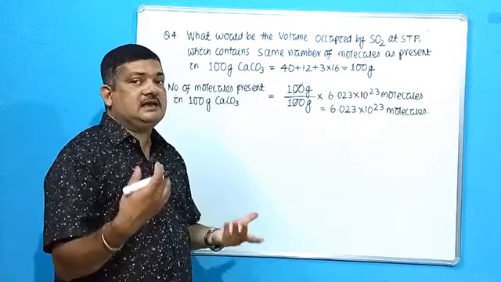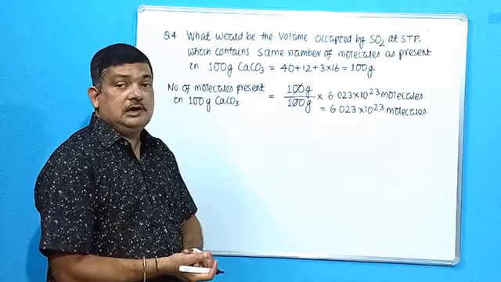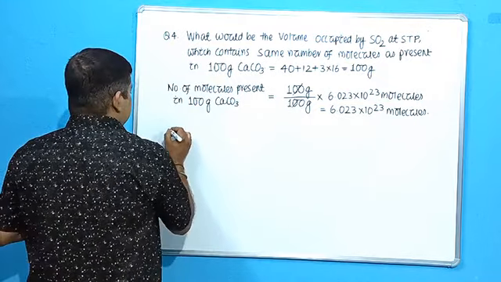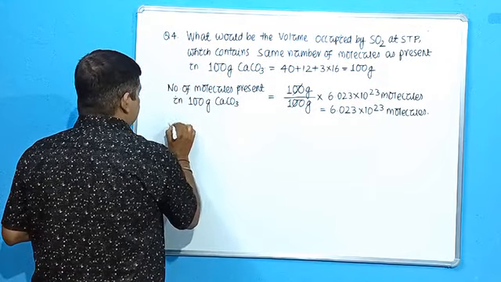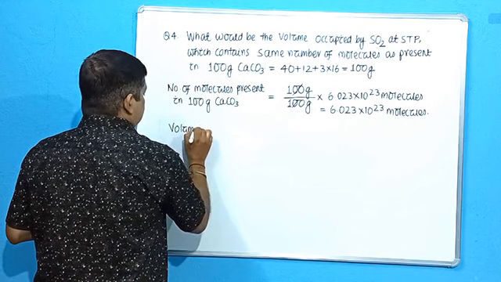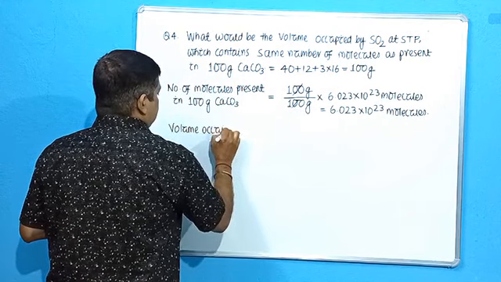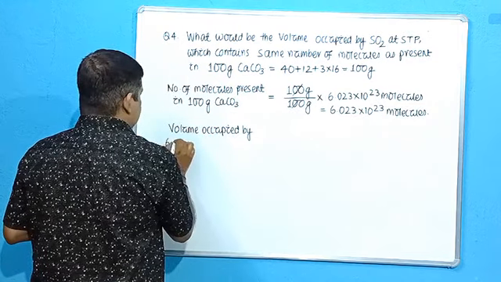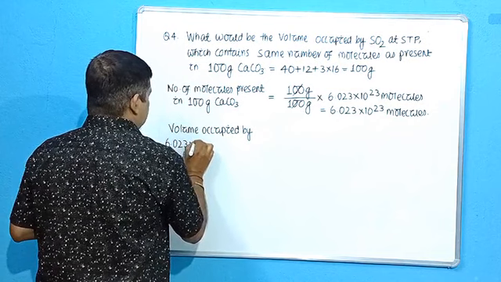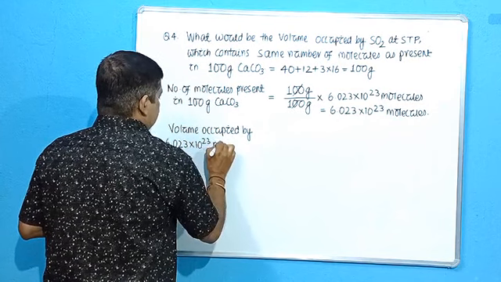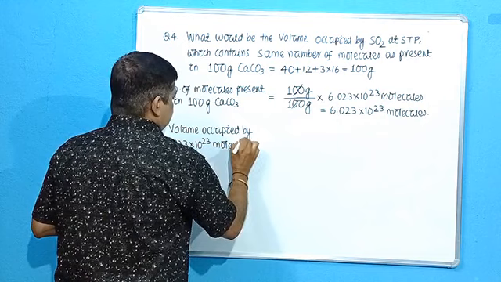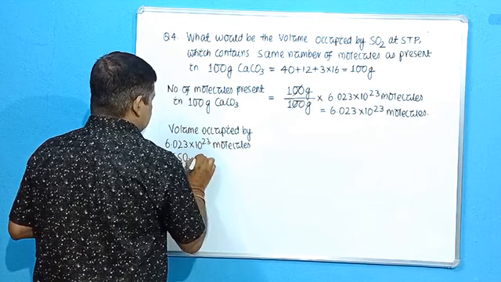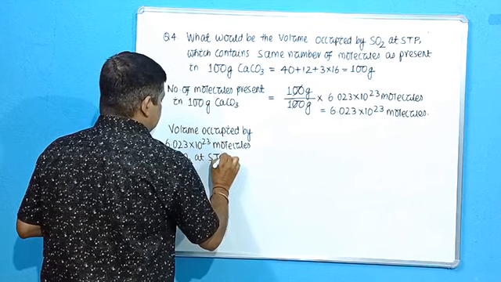Now, when sulfur dioxide contains the same number of molecules, what will be the volume occupied by it at standard temperature and pressure? So, the volume occupied by 6.023 into 10 to the power 23 molecules of sulfur dioxide at STP.